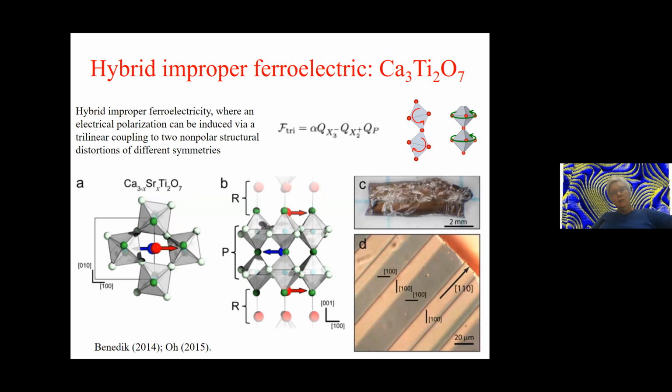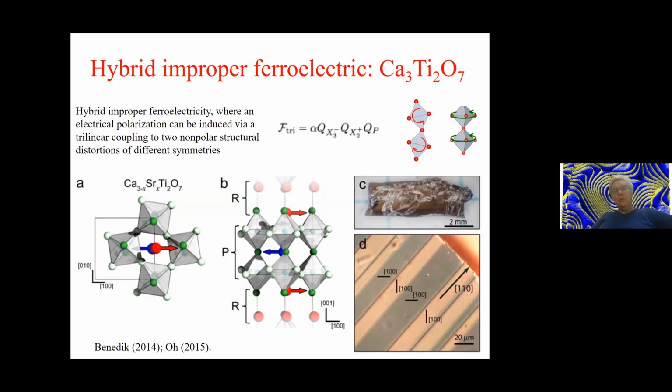So a lot of my research program deals with nanomaterials, and domain walls are a nano component in, of course, a larger functional material. So the platform that we chose for this work was calcium titanate, the 327 analog.